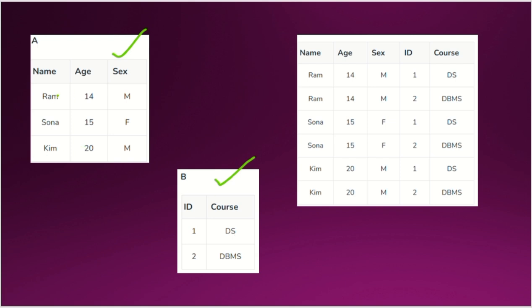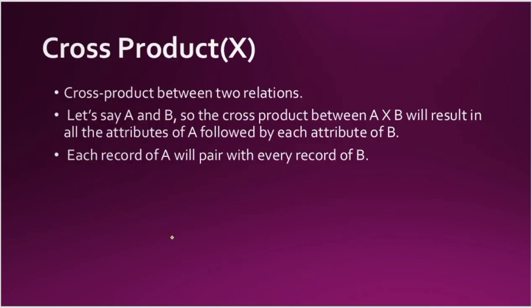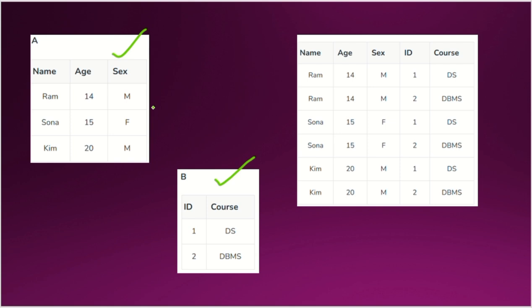So just go with the A table. What we have discussed, every record of A will pair with every record of B. That means just multiply every record of A with every record of B. So here first I am going to take Ram, age 14 and gender is male. First it will be cross product with the ID 1 and course DS.